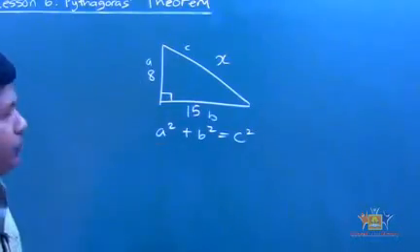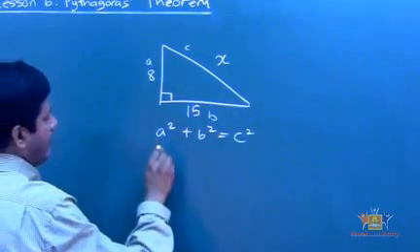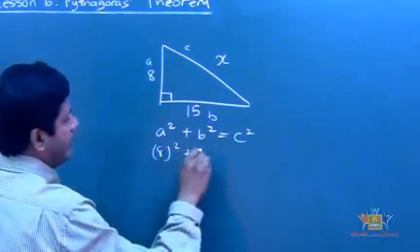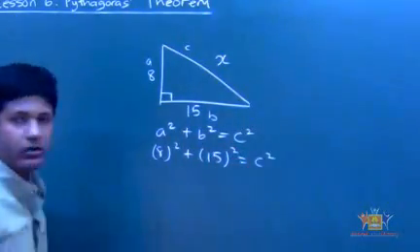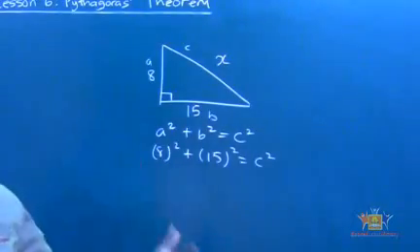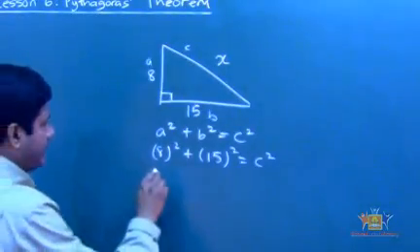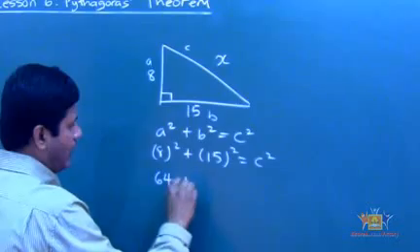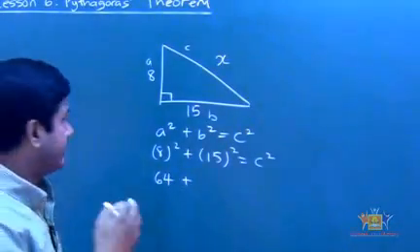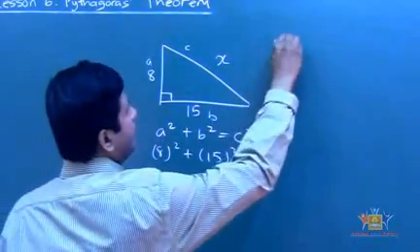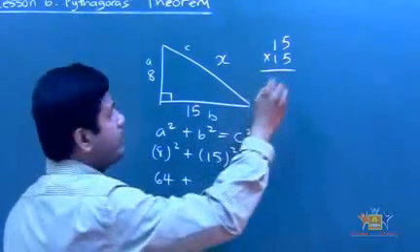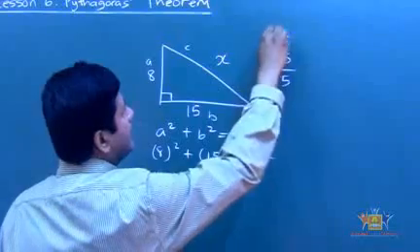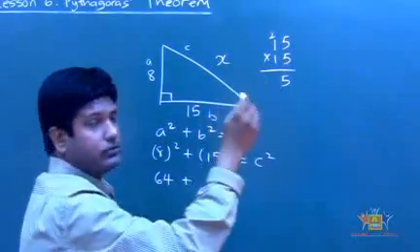Now substitute. We're going to substitute A with 8 and square that, and B with 15 and square that, and find out what C squared is first. 8 times 8 is 64, because it's in our timetable range. How about 15 times 15? It's outside our timetable, so we line it up. 5 times 5 is 25, so I put 5, carry the 2. 5 times 1 is 5, plus 2 is 7.